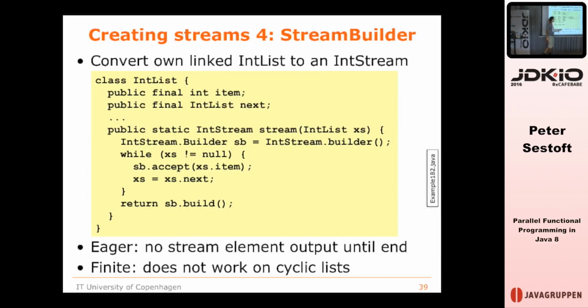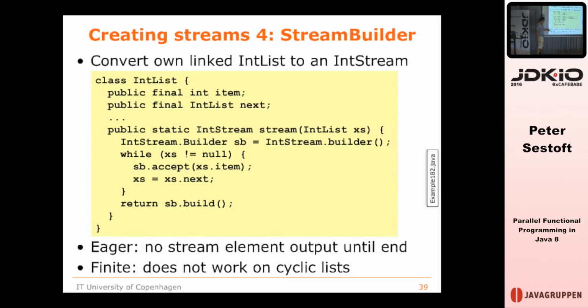It's very similar in the way you use it to a string builder in Java. You create a builder object, and then there's a simple loop that goes through the list and puts the elements of the list into the builder and return sp.build.